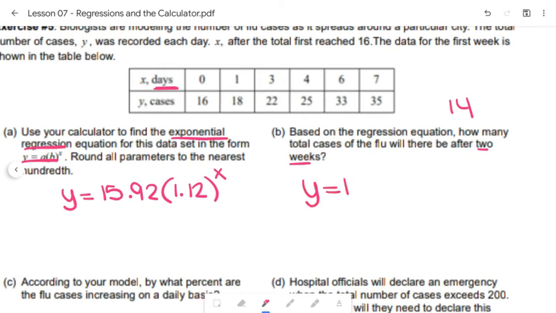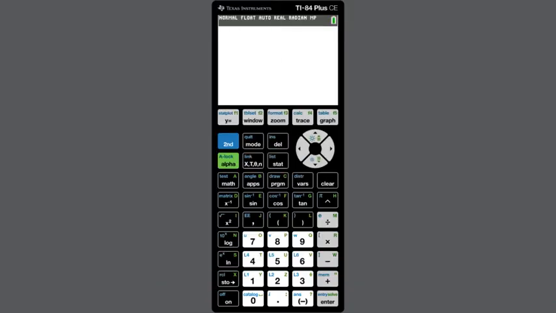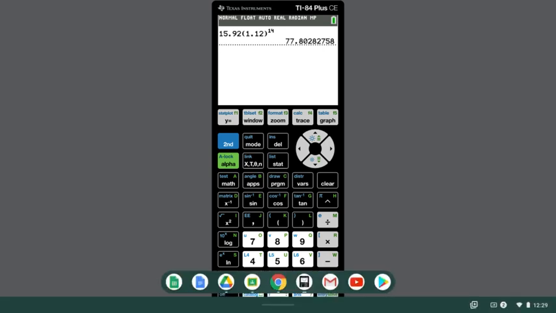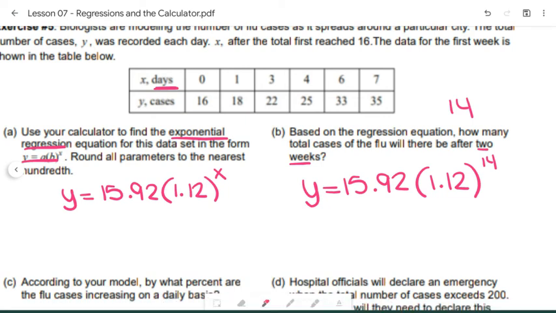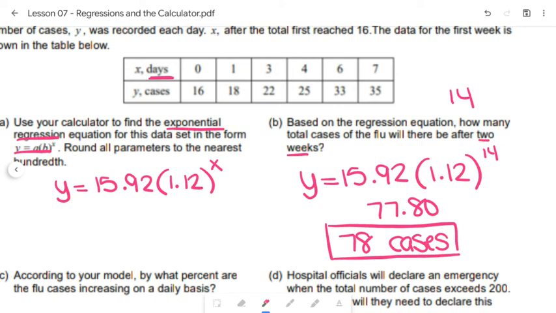So y equals 15.92 times 1.12 raised to the 14, which is 77.80. So we're thinking about 78 cases. Which makes sense. It's growing exponentially, so it's going to grow faster and faster.